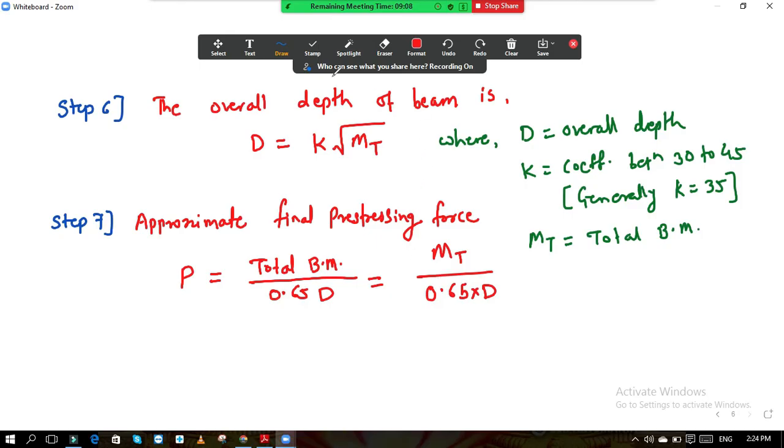Then step number 8. In the step number 8, calculate the area of concrete required.